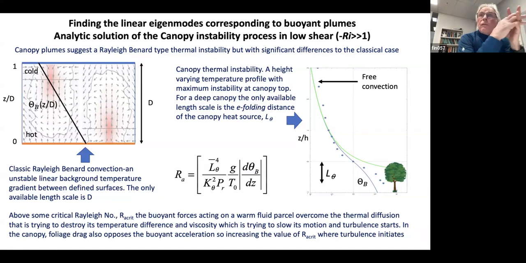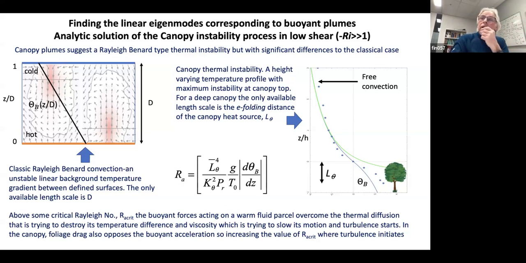Let's imagine you had a parcel of warm air, for some reason, some anomaly in the temperature field, and that warm air wants to rise. It's more buoyant than its surroundings. But at the same time, molecular diffusivity or turbulent diffusivity is trying to destroy the difference between that warm patch and its surroundings. And also at the same time, momentum diffusivity or viscosity is trying to slow down or destroy the difference between the velocity of that parcel moving up and its surroundings, which aren't moving.